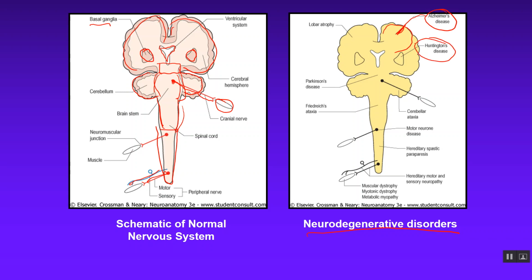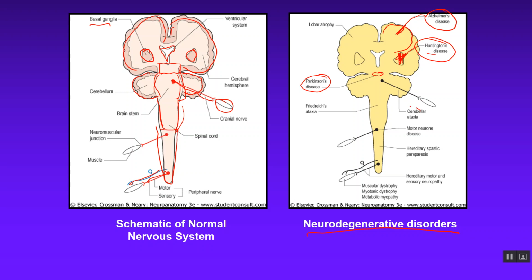Huntington's disease affects the basal ganglia, specifically a part called the putamen, which they don't break down to that level, but it affects this part of the basal ganglia right out here. Parkinson's disease also affects the basal ganglia, but a different part, the substantia nigra, right here in the midbrain.